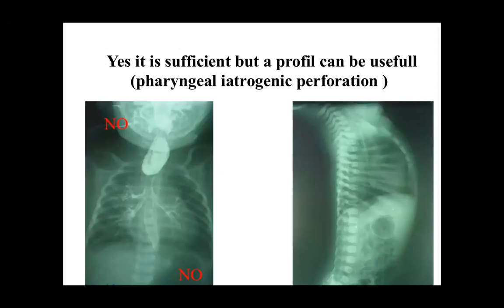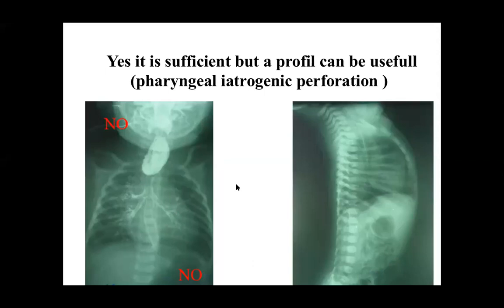There are some surgeons that prefer to perform this intervention themselves, to push the gastric tube, and if they have the same finding, they will indicate the surgery. Please do not perform any opacification. This is not useful. It can also be harmful for the baby.